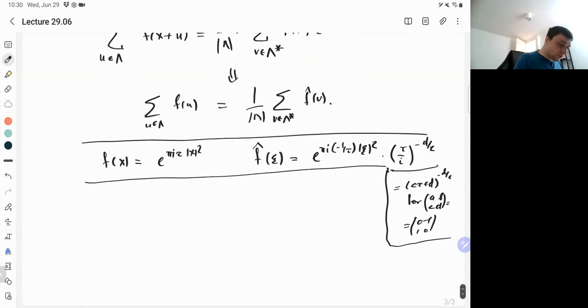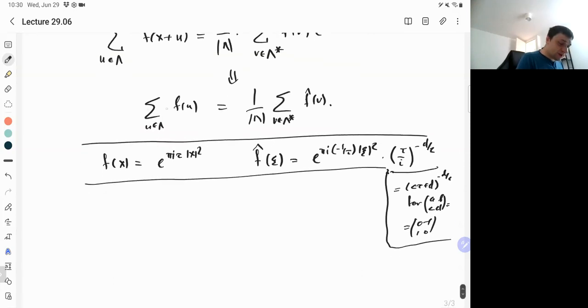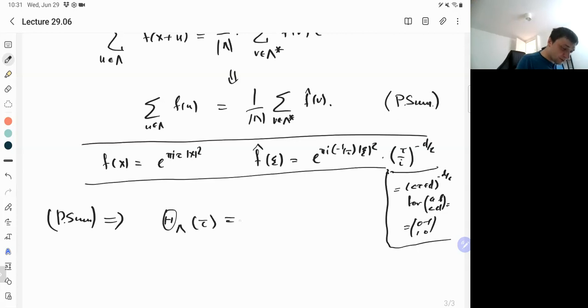And so what you can do now is restate the Poisson summation formula. The Poisson summation formula now implies the following identity. I haven't defined the objects appearing in it, but I will define them in a moment.